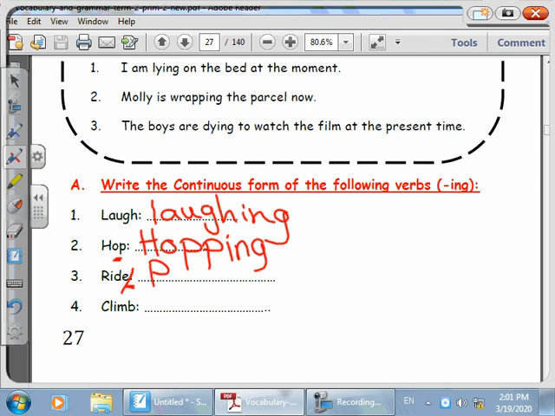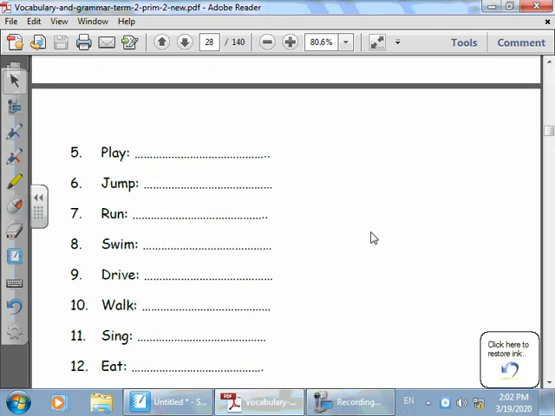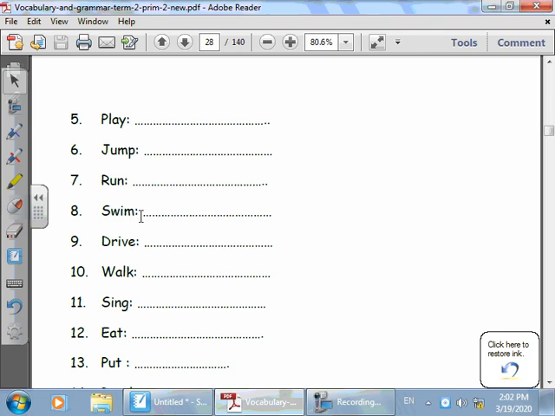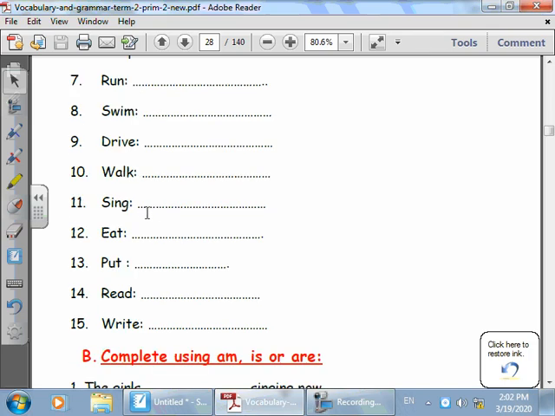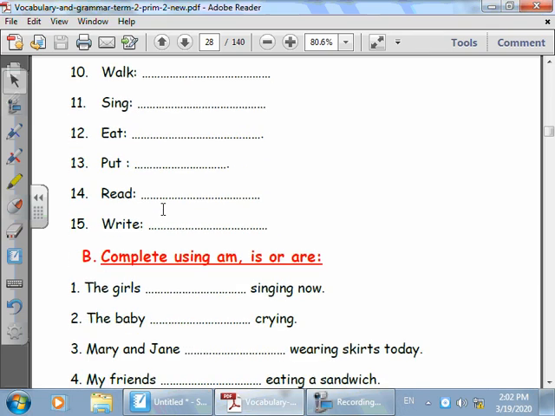Yes, cross the E out, so it will be riding. Very well. Climb, yes, nothing to do. Climbing. Okay, very well. And so on. We will do the same in the next verbs.